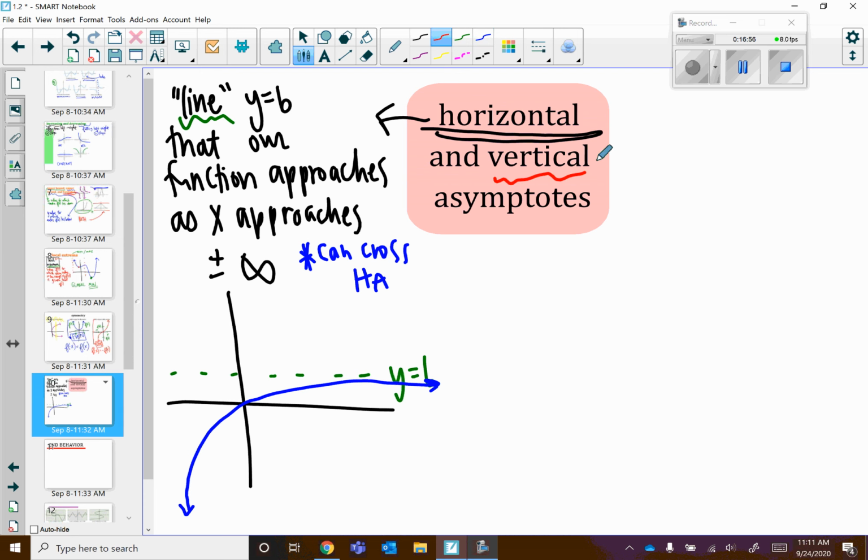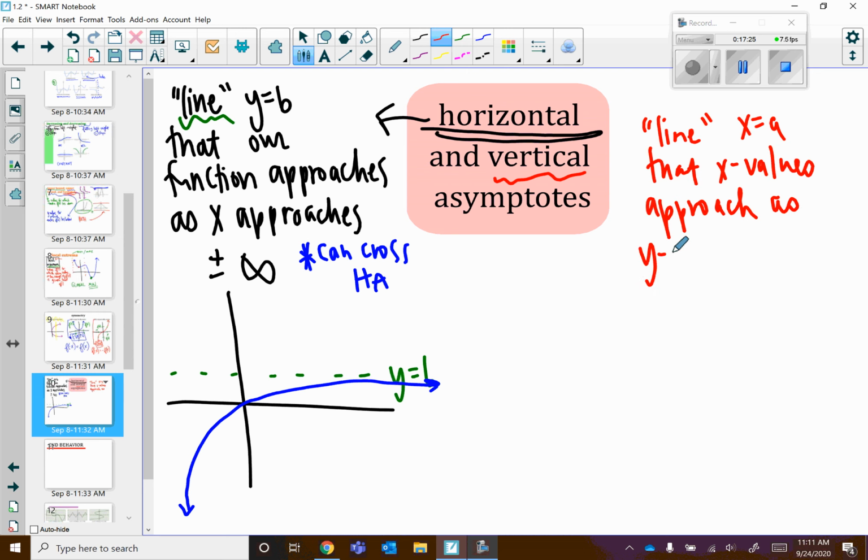Vertical asymptotes are a very similar idea. It's a line, again. It's not really a line, sometimes I think of it as like a magnet, and maybe I'll talk about that in class. A line, x equals a, that the x values approach as your y values approach positive and negative infinity.